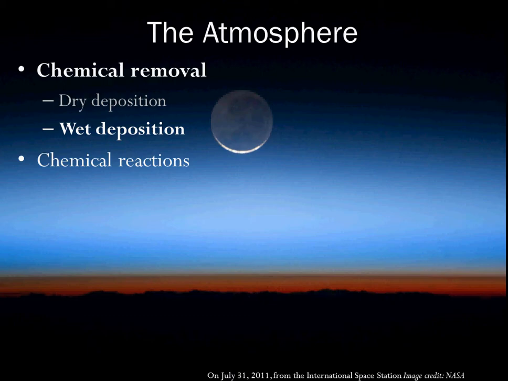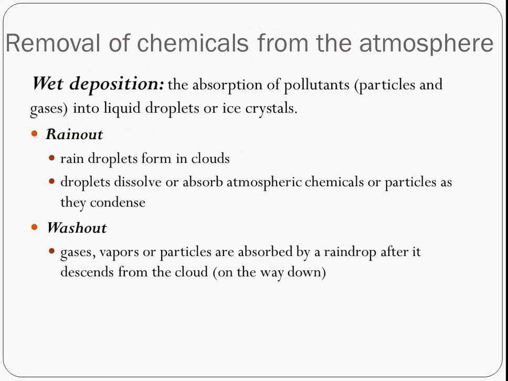Okay, so wet deposition really is even a little bit more simple than dry deposition. So it's the absorption of pollutants, particles or gases, into liquid droplets or ice crystals. So there are two terms that people sort of use. One is rain out. So that's rain droplets forming clouds, and the droplets dissolve or absorb atmospheric chemicals or particles as they condense.